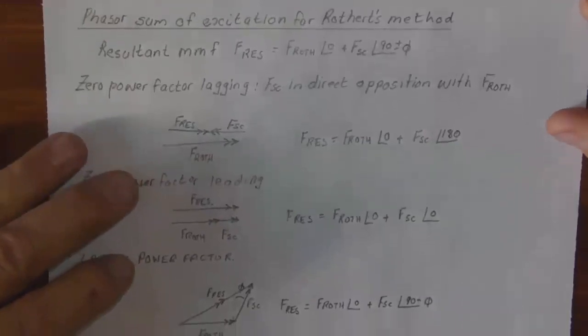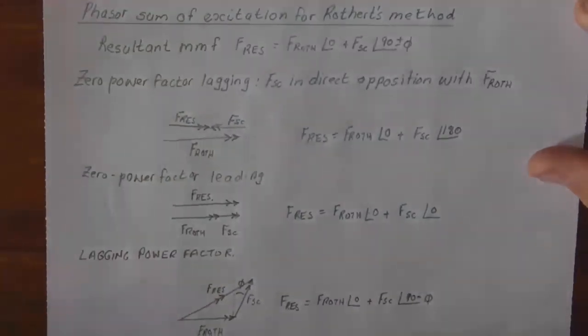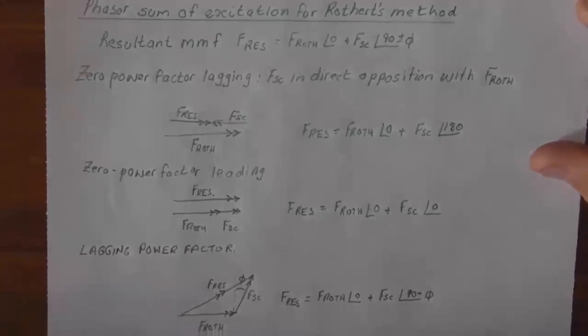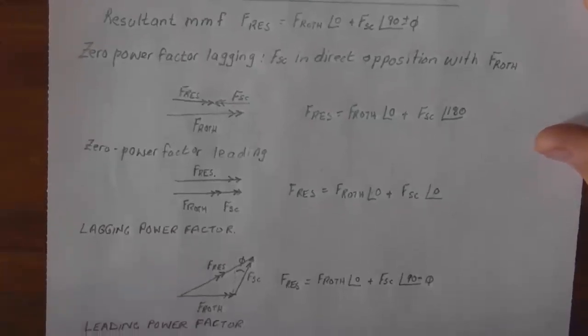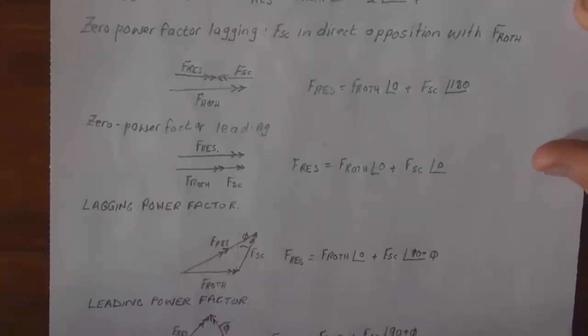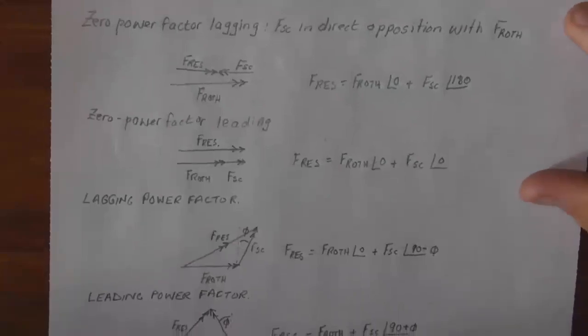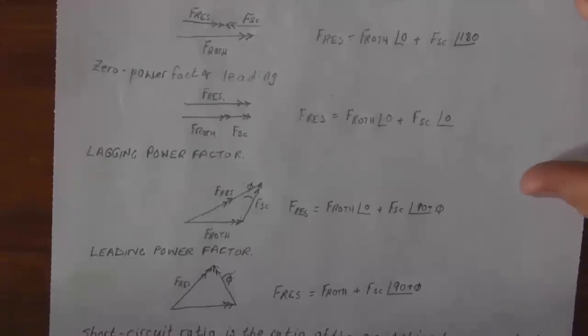Now, if you look at the phasor diagram for the MMF, for zero power factor lagging, the short circuit MMF is in direct opposition with the Rothert MMF, and the resultant MMF, F res, is F Rothert plus F short circuit at angle 180. Now for a zero power factor leading, that means they are in phase, so F res is F Rothert plus F short circuit.